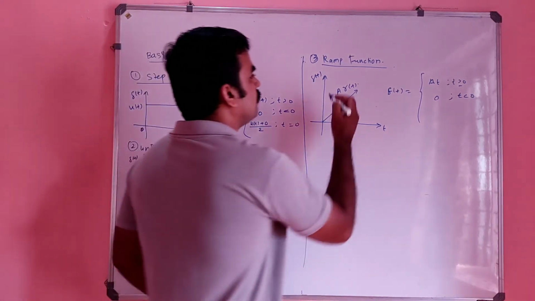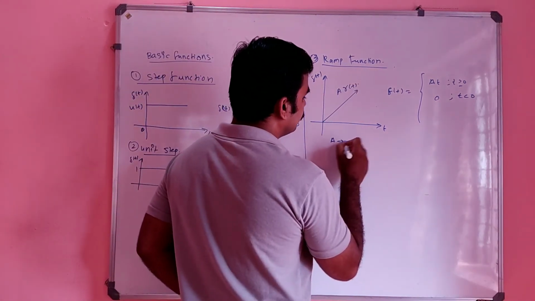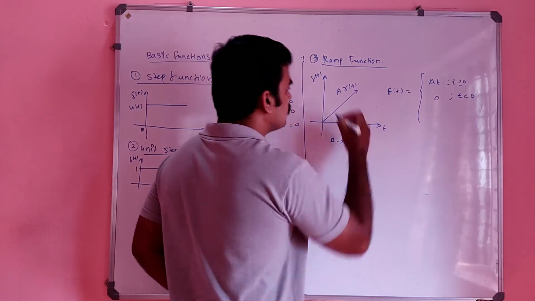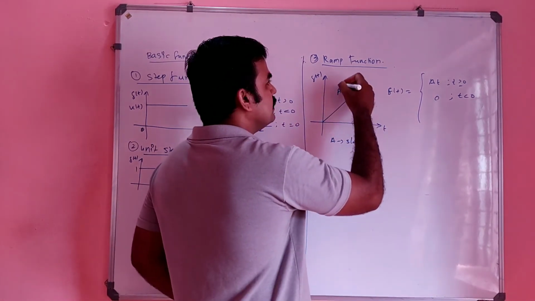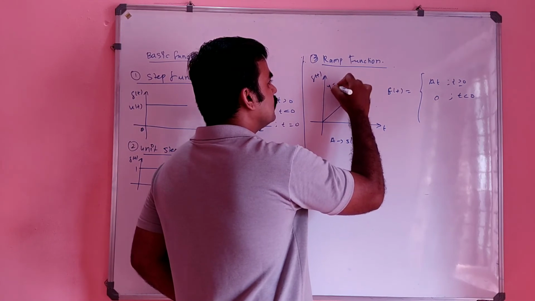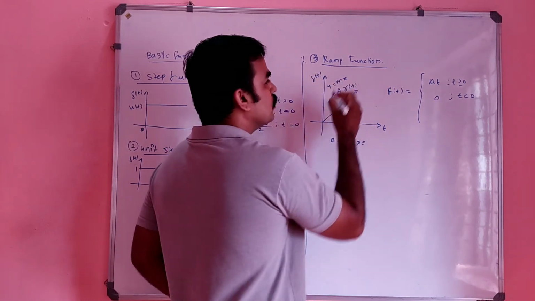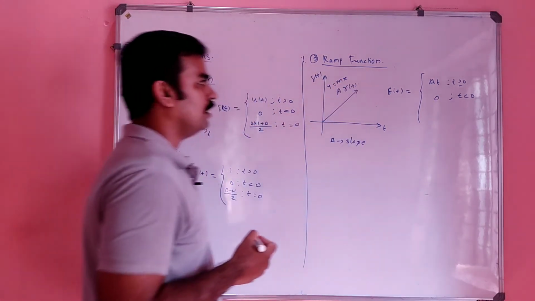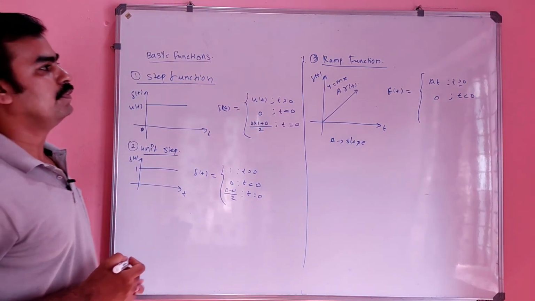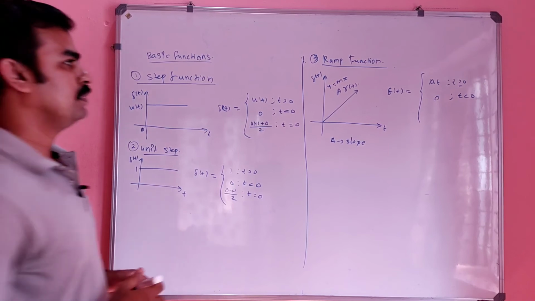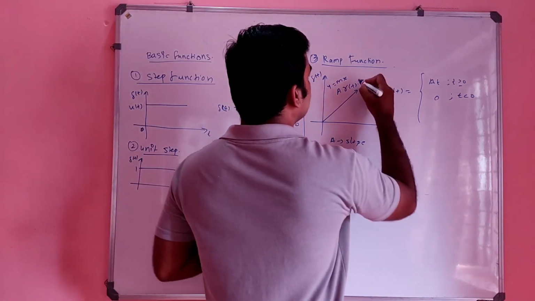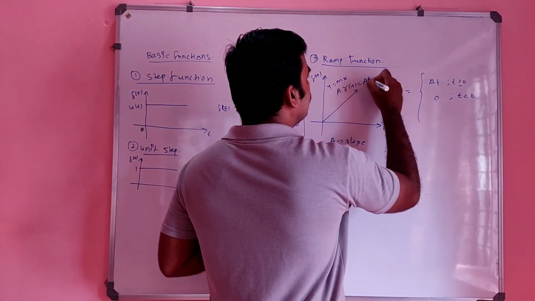This a is nothing but the slope, because this is the equation of a straight line, in the form y is equal to mx. So m is the slope, that is a, and r of t will be equal to at.